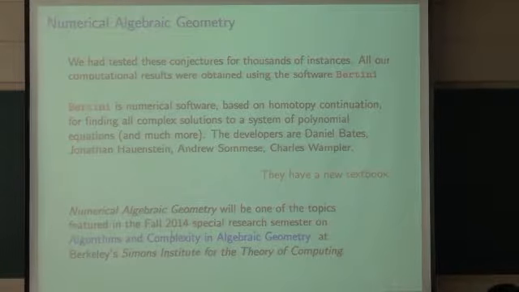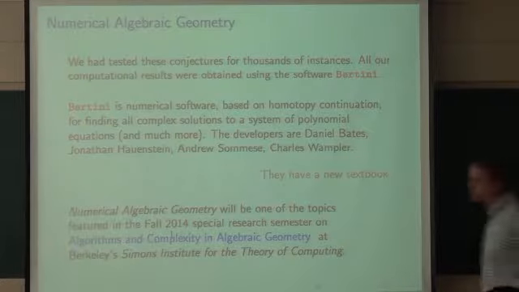These are the developers: Bates, Hauenstein, Sommese, and Wampler. And I think very soon, in the summer, a new textbook comes out where they describe Bertini and the mathematics behind Bertini. And we have a new computer science institute in Berkeley, and these numerical methods will also be one of the topics featured next fall.